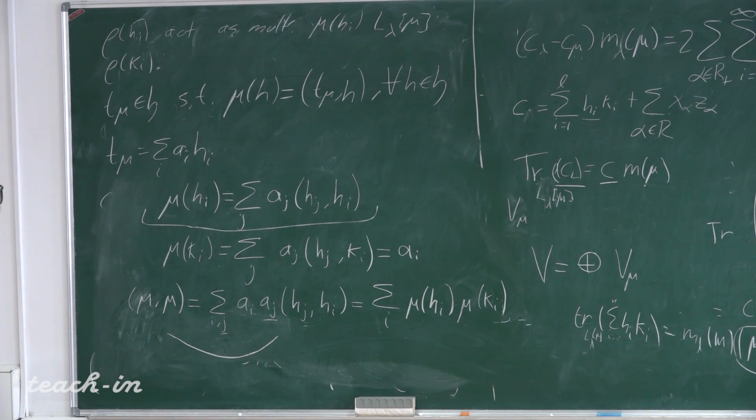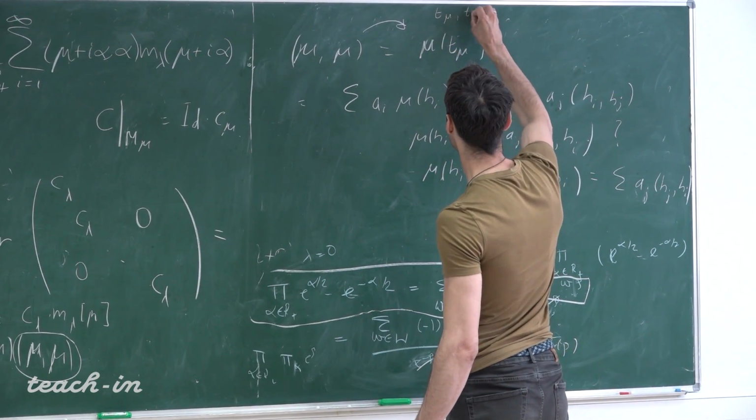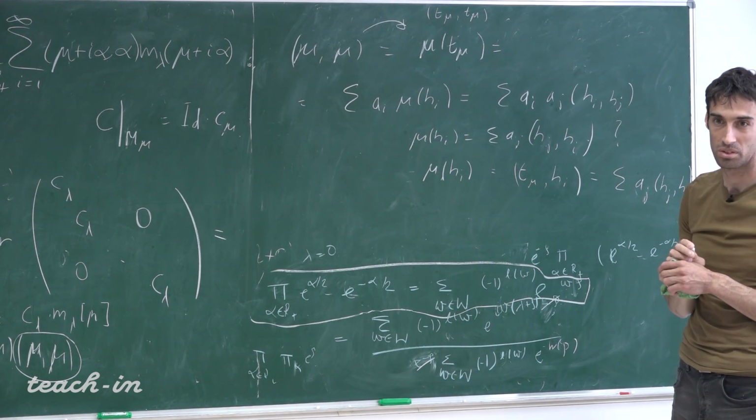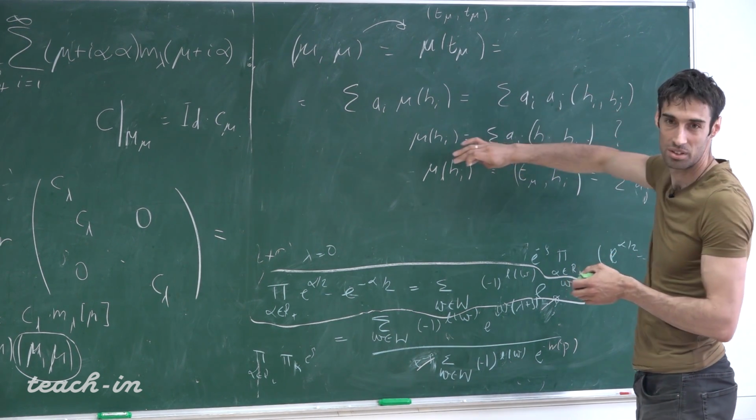Yes. So maybe this step is not so much the definition of t mu, it's rather the definition of, so okay, this is t mu. This is how we defined the form on mu, right? Yes, maybe I even don't need this.